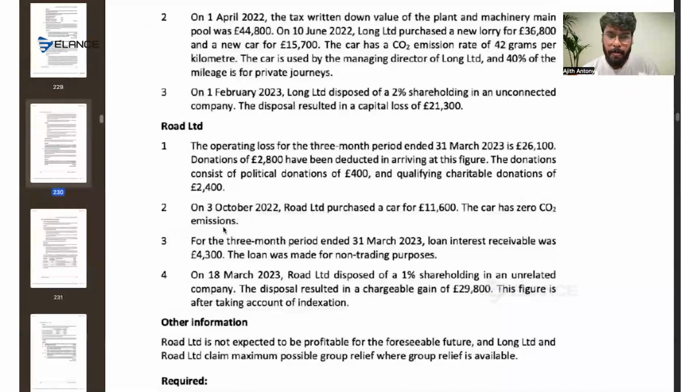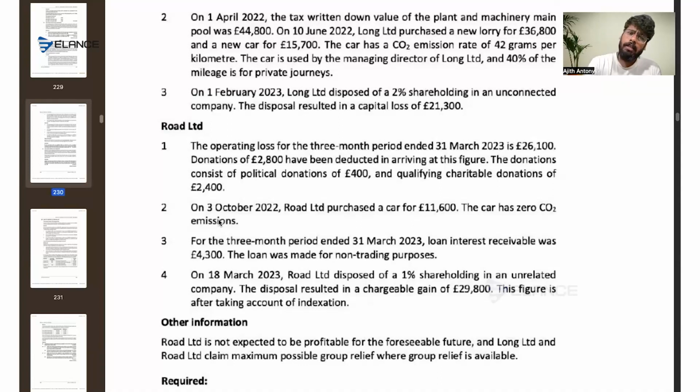And then in the second adjustment, on 3rd October 2022, Rod Limited purchased a car for 11,600. The car has 0 CO2 emission. So it is the only asset they had purchased.